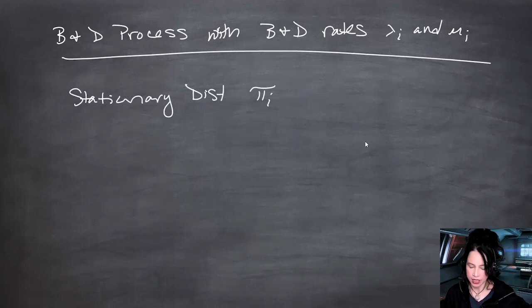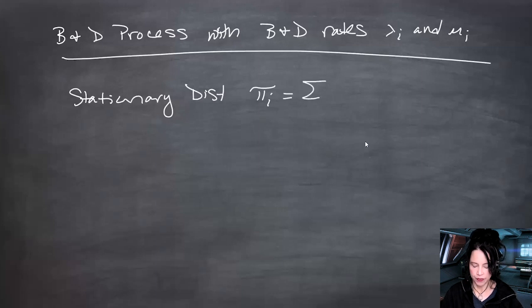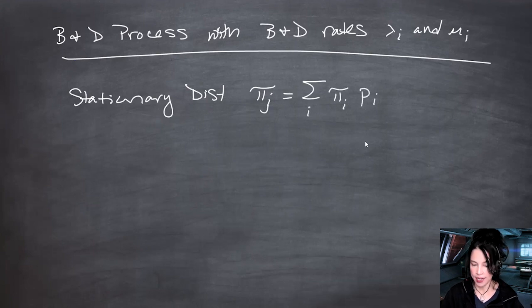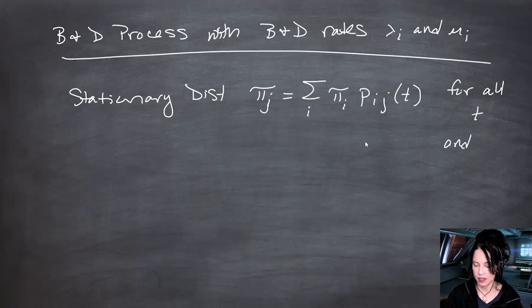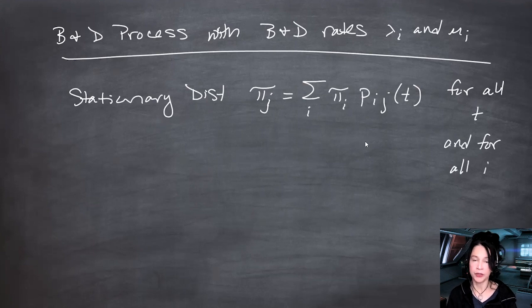It's the population size. Usually we say pi j is equal to the sum over I of pi I p I j. But because pi j now depends on time, the stationary equation now has an of t in it, and this has to hold for all t and for all I in the state space. That's our new stationary equation.